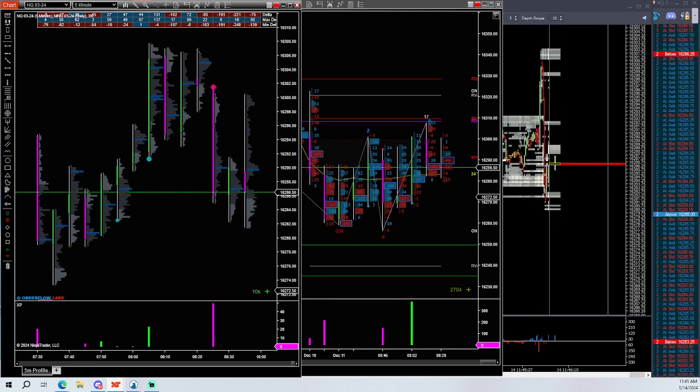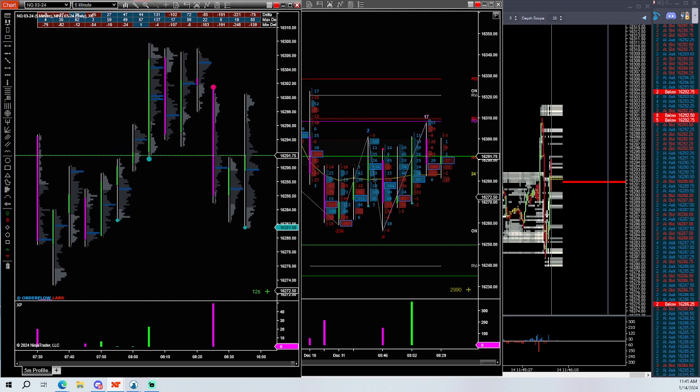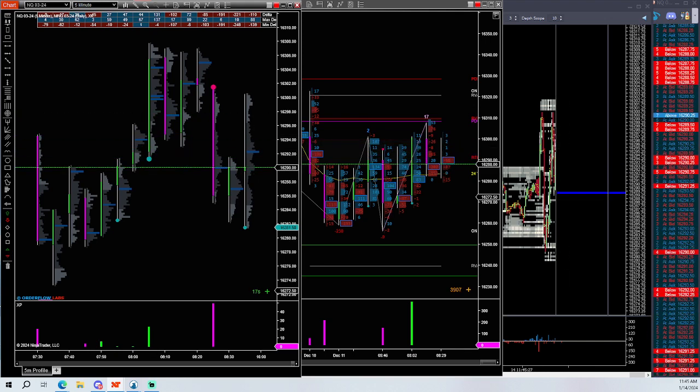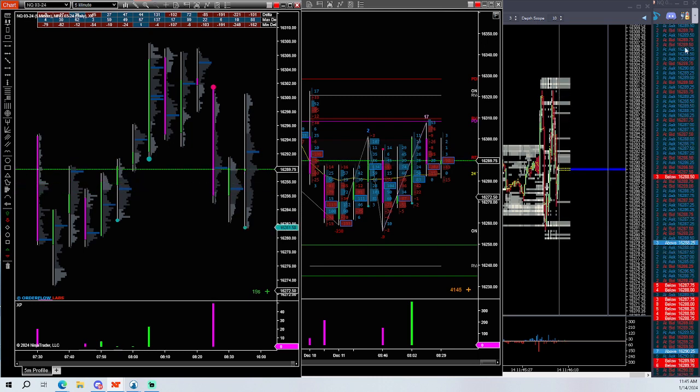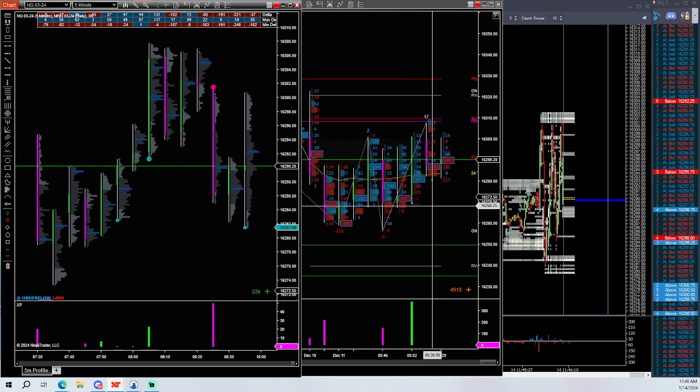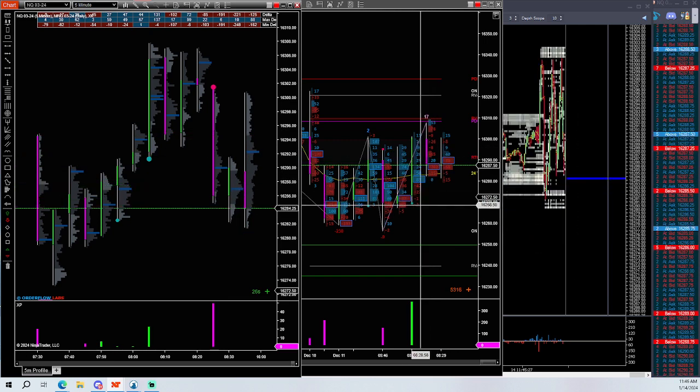Small push down, 85. Still transacting higher. Like to see into this area, this 70. I want to see some buyers really, some sweeps come in to this area.